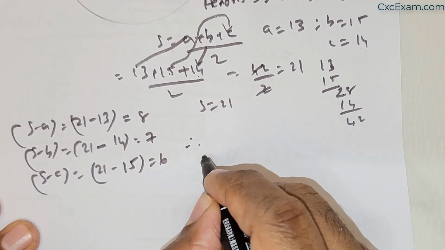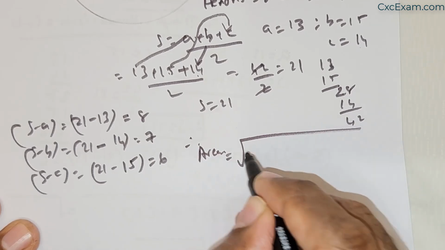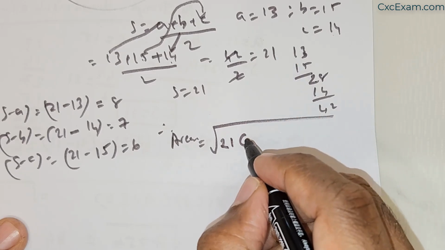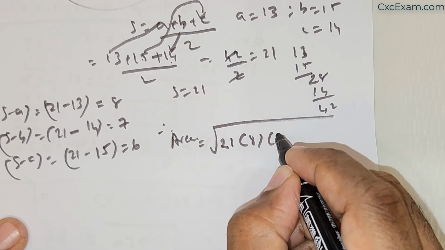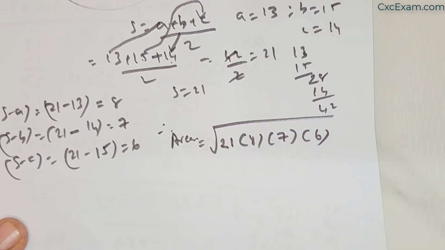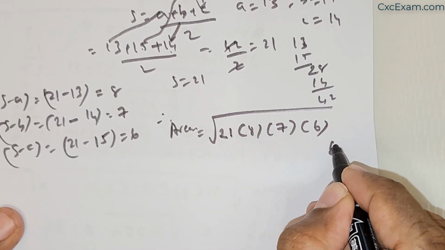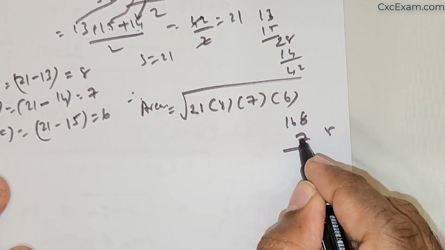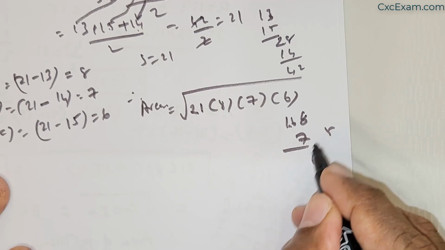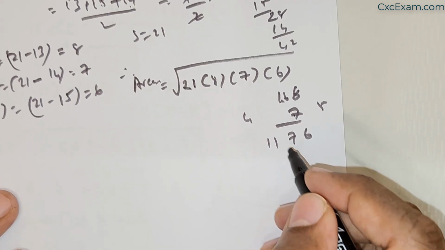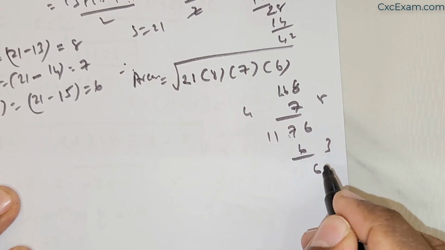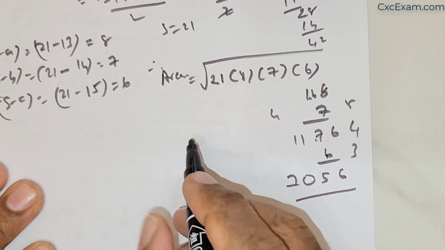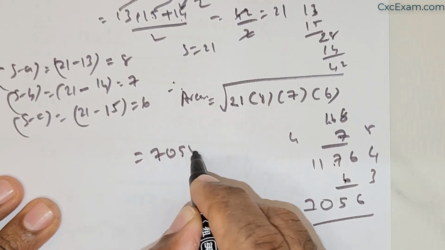So therefore area is equal to root of, my S is 21, S negative A is 8, S negative B is 7 and 6. So 8 ones are 8, 8 twos are 16, and then you multiply with 7, and then with 6, and you get 7056.